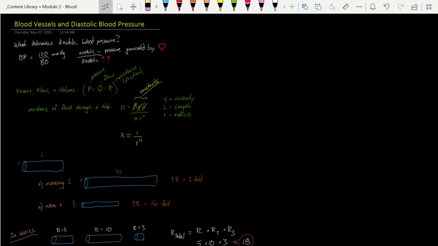We see all of this in this equation, but we recognize that for the most part, there are lots of constants in that equation, and the key takeaway is that resistance is inversely proportional to the radius raised to the fourth power. The radius has a significant impact on the overall resistance.